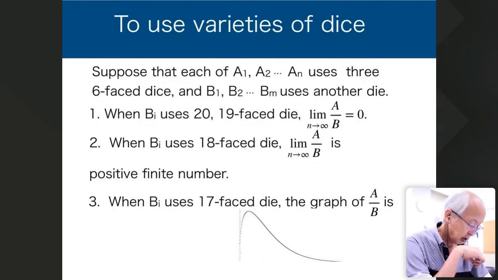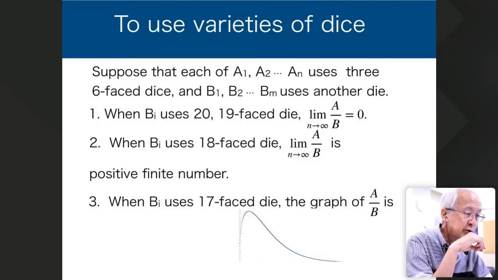So what I discovered is a very strange fact. In summary, if there are only two players and the averages of the dice are the same, then the probability of winning is the same for both. But if there are many players, the probability becomes very complicated.